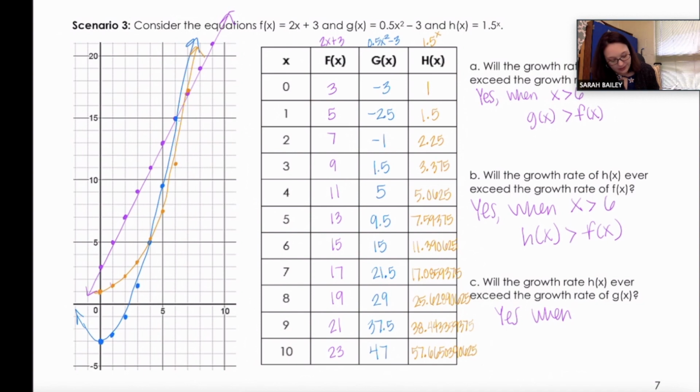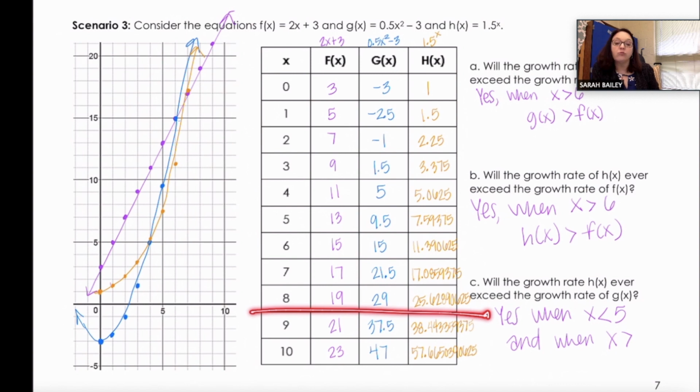when x is less than, what did we say? As soon as x is 5, it switches, right? So when x is less than 5, and when x is greater than what? Did we say 9?